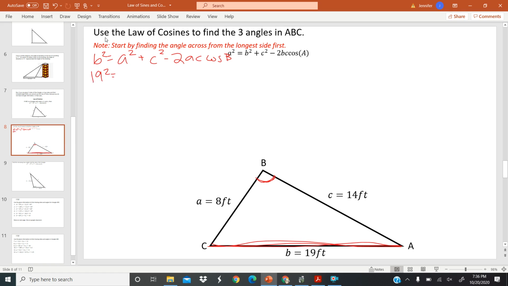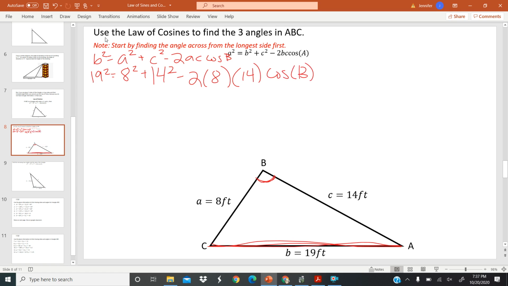And that's going to be equal to little a squared, so that's 8 squared, plus little c squared, so that's 14 squared, minus 2 times little a, which is 8, times little c, which is 14, times the cosine of angle B, which is what we're looking for.